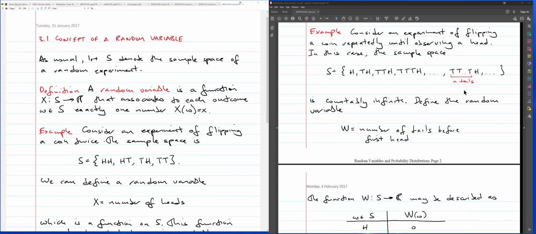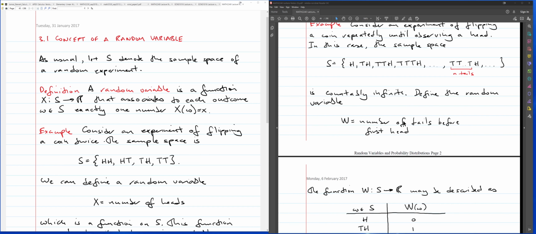So this is a sample space that is a little different from what we saw. It is not finite, it is infinite, but it is actually something called countably infinite, and I'll explain in a little while what countably infinite is.